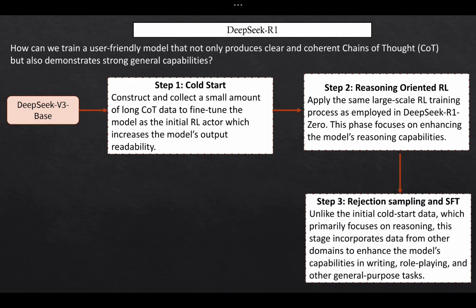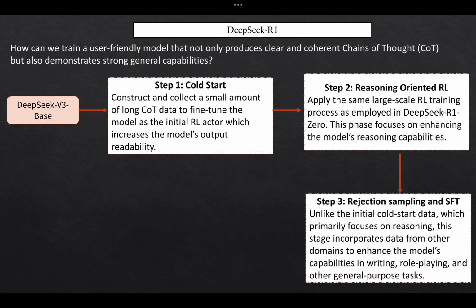And in step 3, what they do is a rejection sampling and supervised fine tuning. So this supervised fine tuning phase is different if you compare with step 1, where we do the cold start. So how is this step 3 different? That initial cold start data mainly comprised the reasoning data, right?